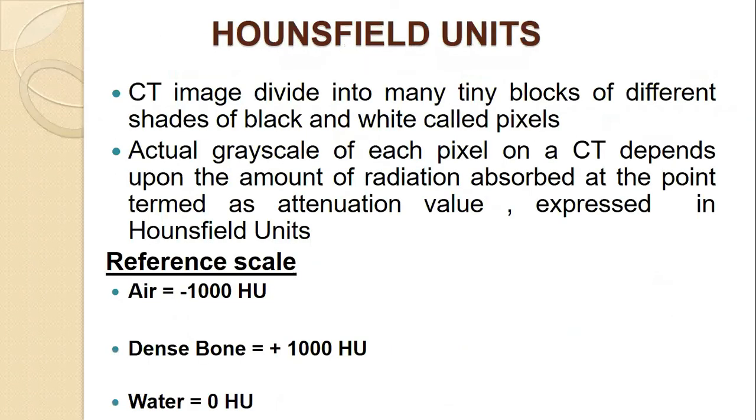Hounsfield unit. Can anyone define this? It shows the density of any lesion we find on the CT scan. Yes, the attenuation value. A CT image is divided into tiny blocks of different shades of black and white called pixels. The grayscale of each pixel on CT depends upon the amount of radiation absorbed at that point, termed the attenuation value.